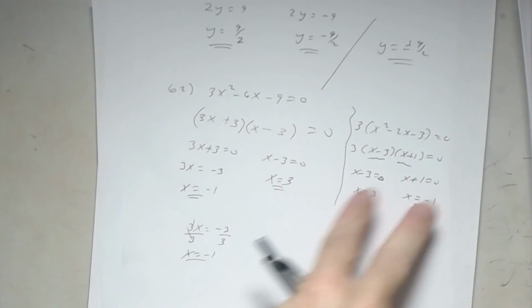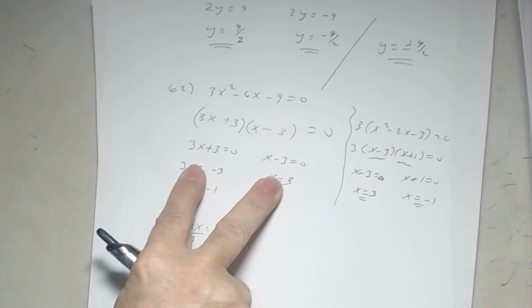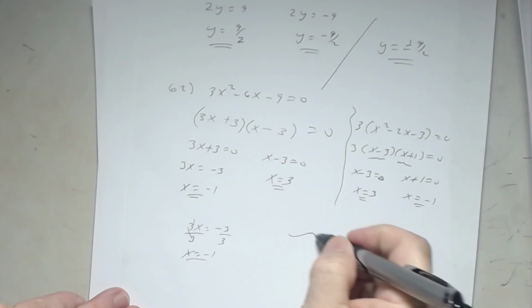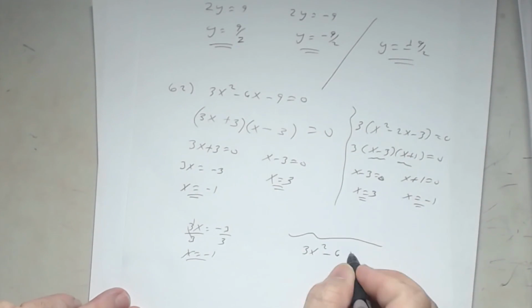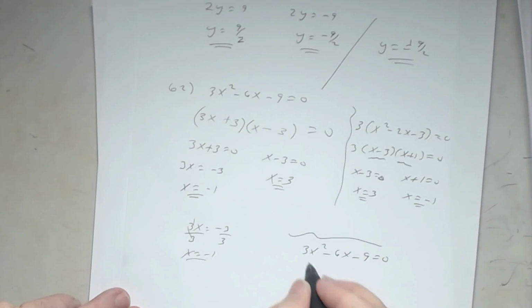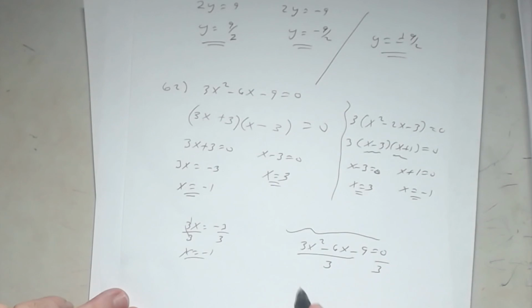So notice it didn't matter whether you took out the GCF or didn't. Now the other thing you could have done was divide both sides by 3. What's 3x squared divided by 3? x squared. What's negative 6x divided by 3? Negative 2x. What's negative 9 divided by 3? Negative 3.